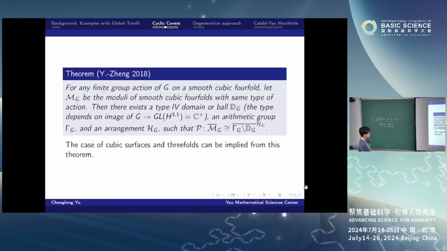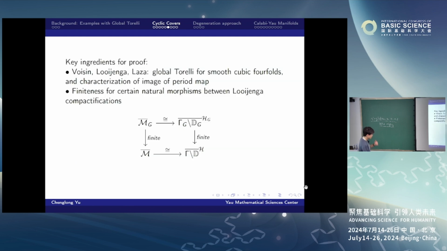So the reductive group needs to preserve the group action. So in this case, actually the GIT moduli space from these cubic fourfolds is a little bit different from the locus you see in M. It's actually the normalization of its image, and it's finite.